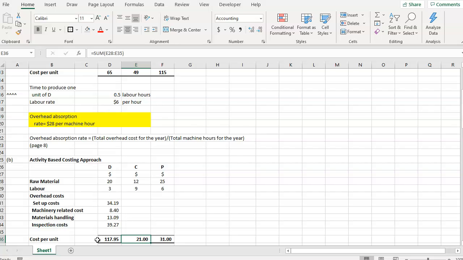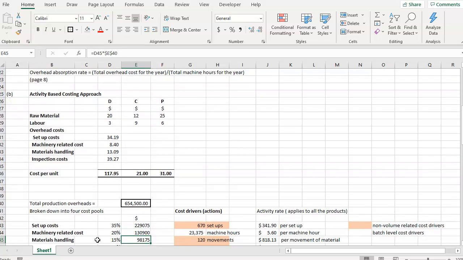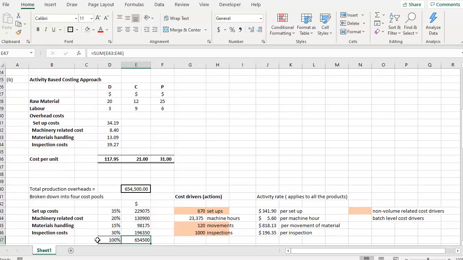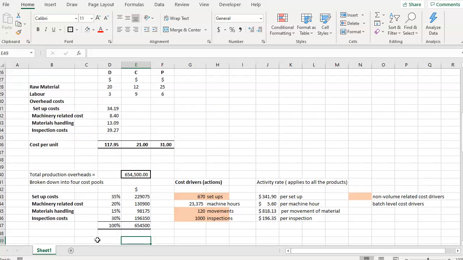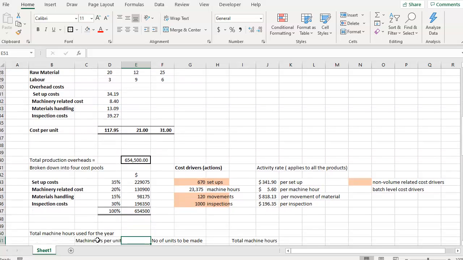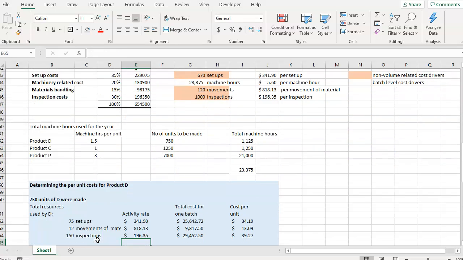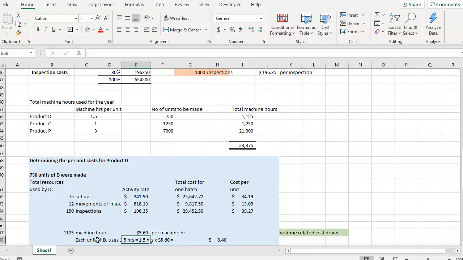Now then, I have completed the costing under ABC for product D. I want you now to complete the costing for product C. I'm going to leave the illustration for product D on screen.